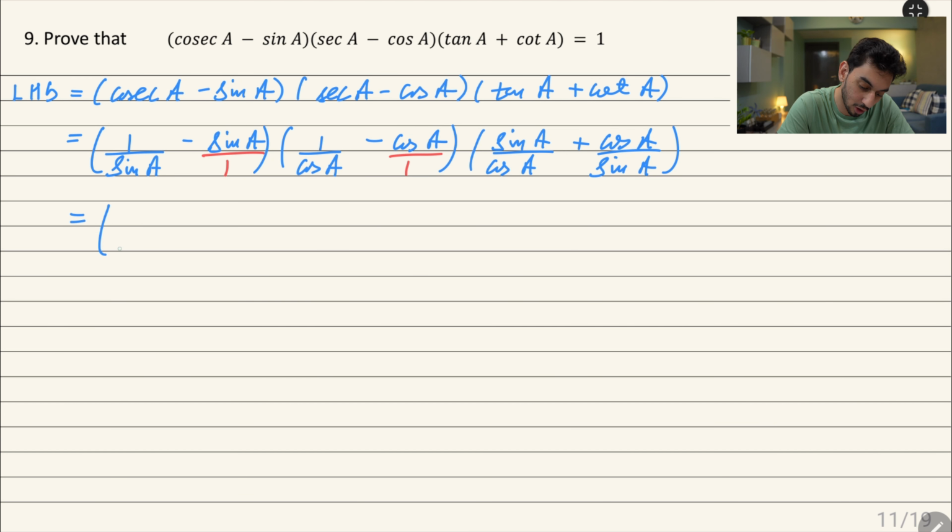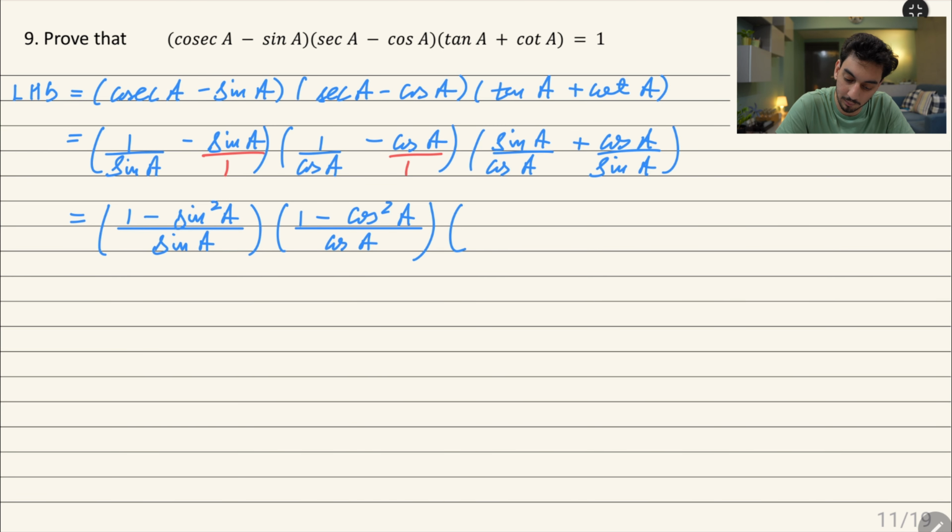We can just cross multiply these and it becomes 1 minus sine square A upon sine A. This one becomes 1 minus cos square A upon cos A, and this one becomes sine square A plus cos square A upon cos A into sine A.